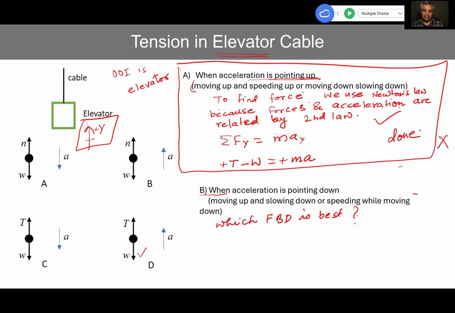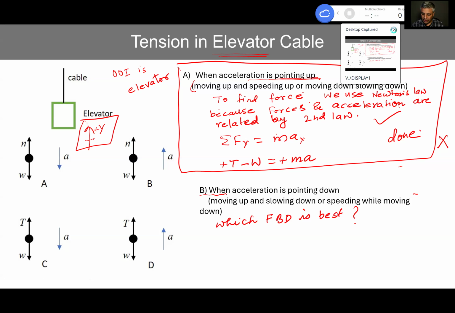Remember, to use Newton's laws you always have to draw a free body diagram. If you're not drawing, it's like throwing a stone in the dark. You may hit the target, but most likely you may not. I'm opening the poll, and this time it's just 30 seconds for you.